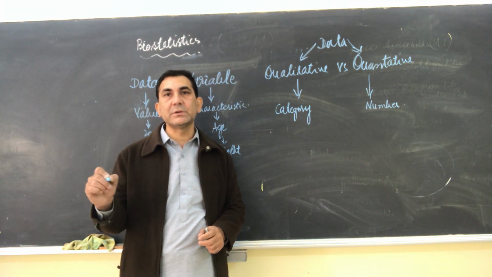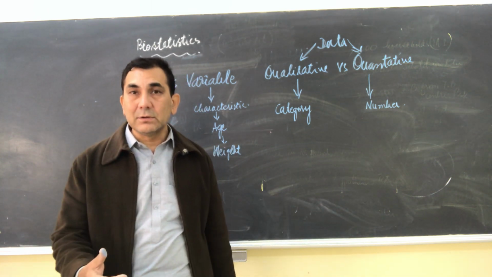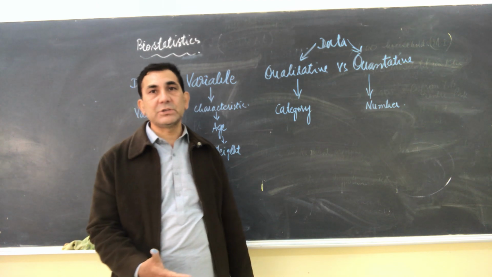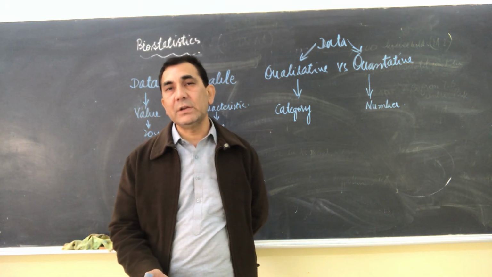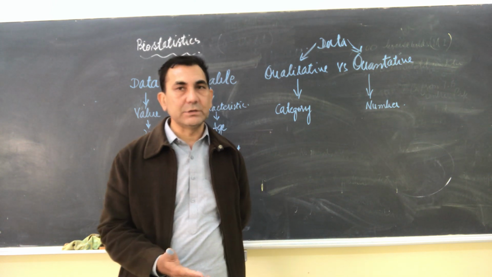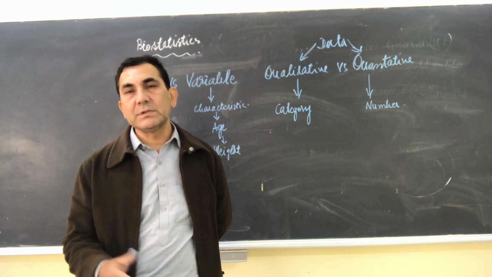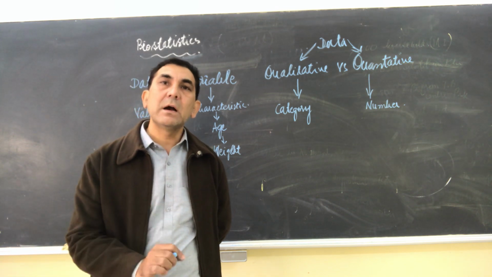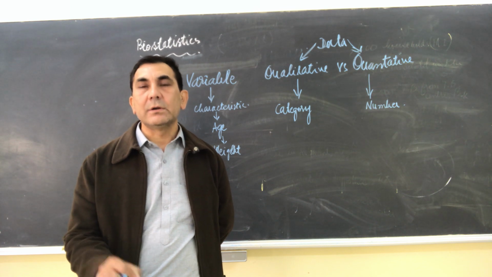If you measure the temperature, it is 98.6, 99, 98, 94. You are measuring these characteristics of the data in numbers. The weight of patients: 50 kg, 70 kg, 80 kg, 90 kg. The BP of the patient: 120 by 80, 160 by 100. These are again in numerical form, so this is quantitative data.